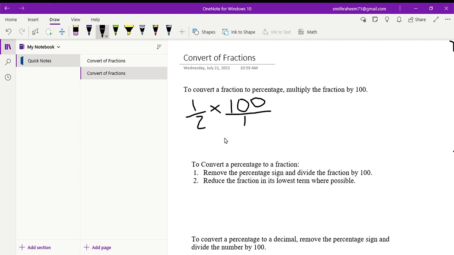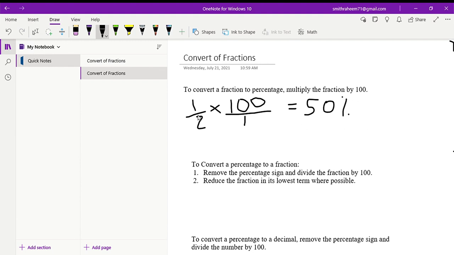So you put the 1 underneath the 100, and then we just multiply, which will give us 50%. So your answer will be 50%.